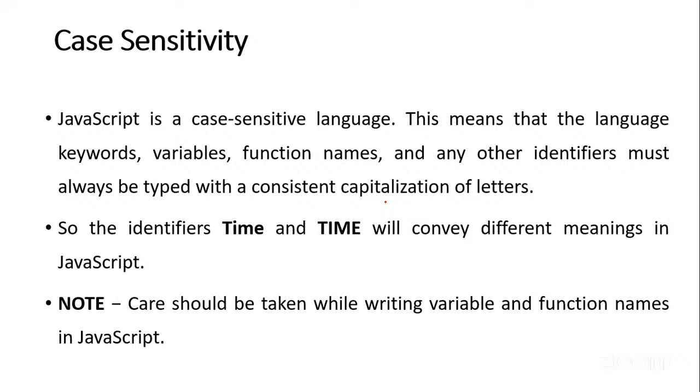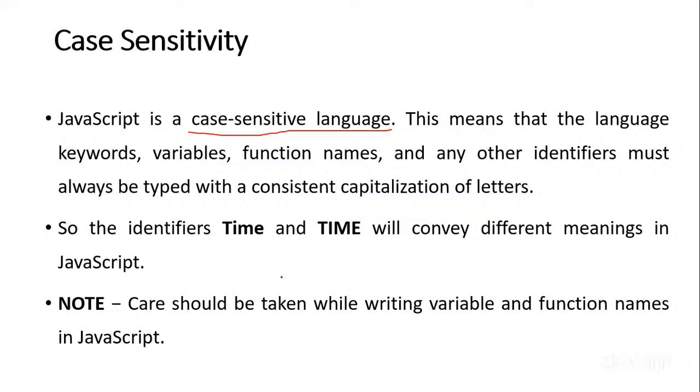Then coming to case sensitivity. As in C language, JavaScript is also a case sensitive programming language. C, C++, Java are also case sensitive programming languages. This means the language keywords, variables, function names, identifier names, nothing but variable names and function names, all are case sensitive. If you use lowercase letters, that has a different meaning. If you use uppercase letters for the same word, that has a different meaning.